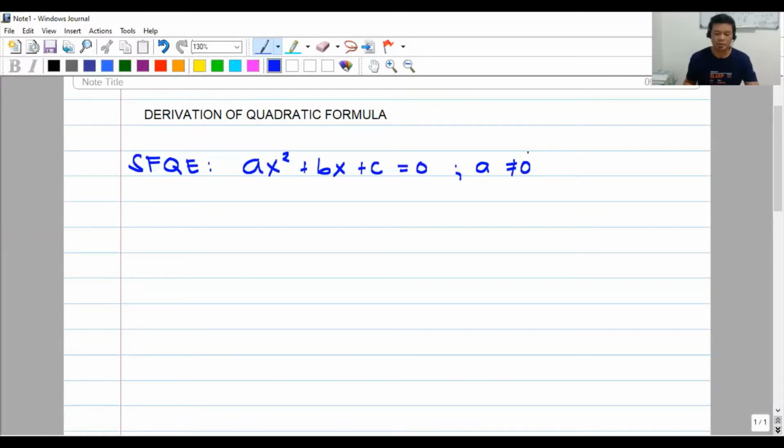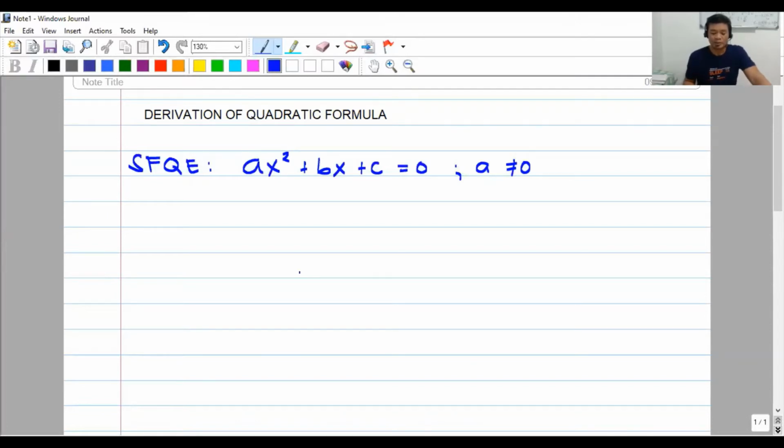We restrict a to be nonzero because when a is equal to 0, we will have a linear equation. And our concept is about quadratic equations, okay?